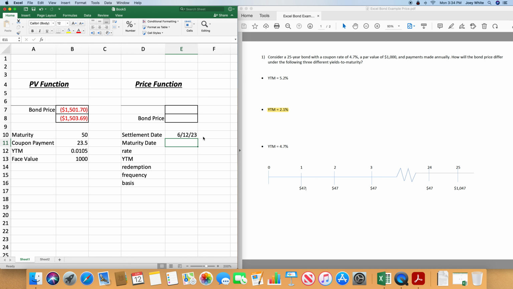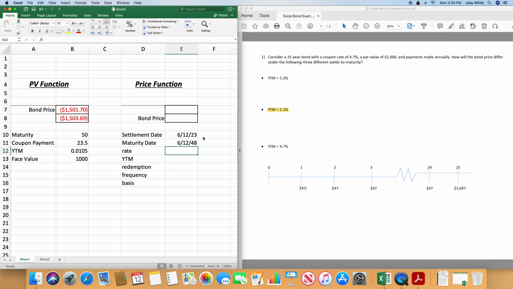Then for the maturity date, that'll be =DATE(, and this date is basically today but in 25 years, so it's going to be 2023 plus 25, comma, the month again is 6, and the day is 12. That's just June 12th, but in 2048.